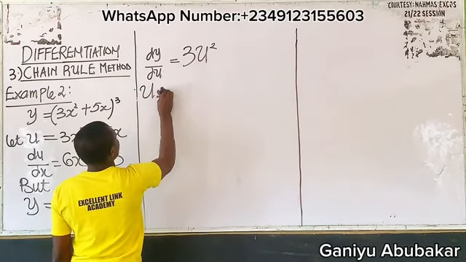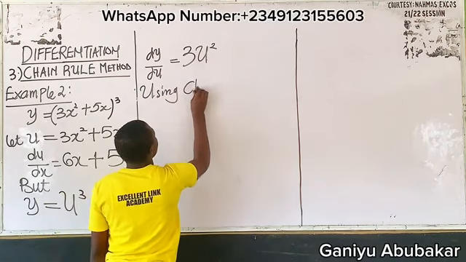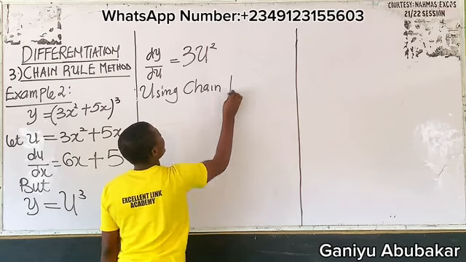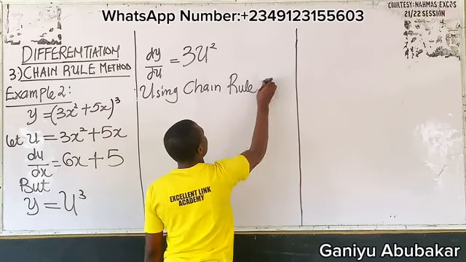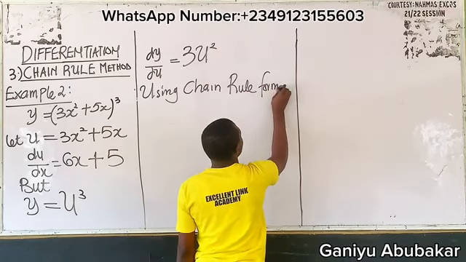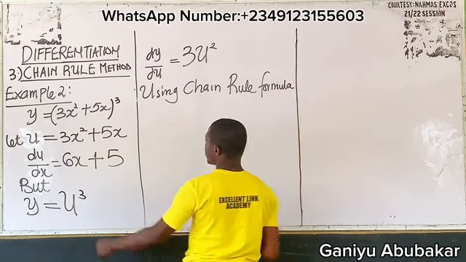So using the chain rule formula, what do I have there?